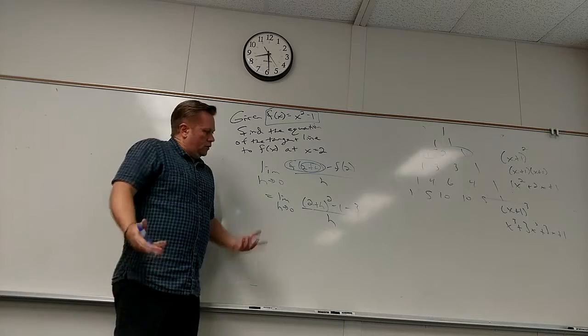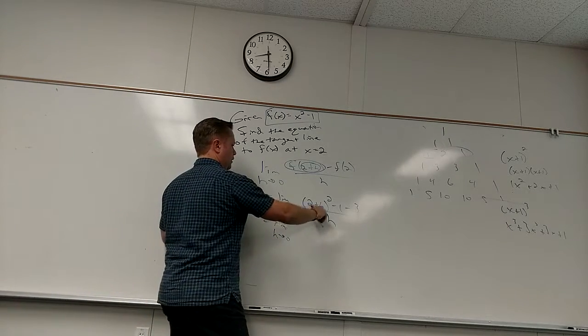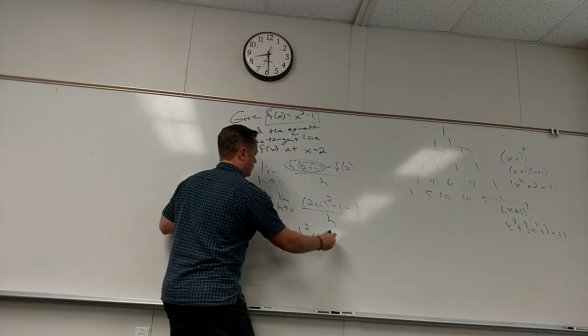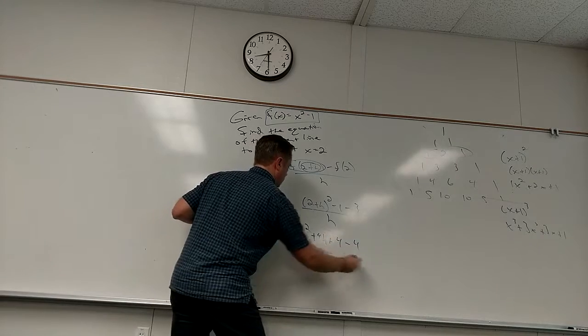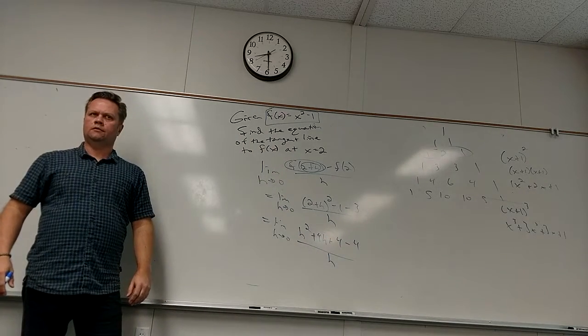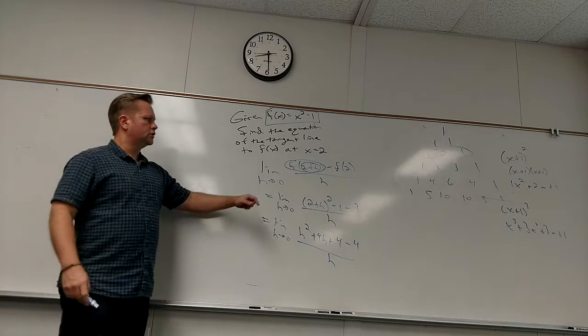Okay, so if I do this, let me put this in normal order. H squared plus 4h plus 4 minus 4. Is that cool? You see that? Why is this indeterminate form?